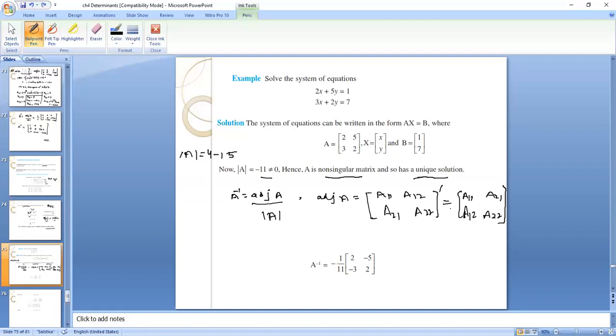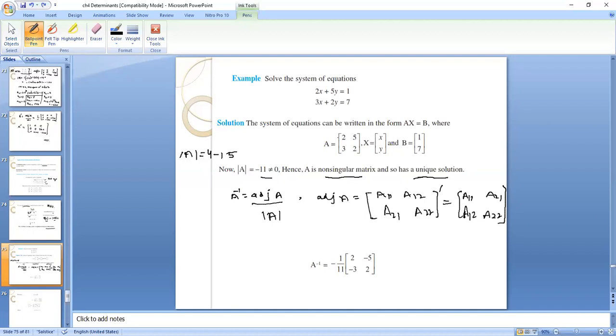Then next we have to find A12, which means hiding this row and this column. The cofactor A12 will be 5, right? But 1 2 means minus 1 raised to power 1 plus 2, negative, so it will be minus 5. But A12 I'll write here in the place of A21 because we have taken the transpose.